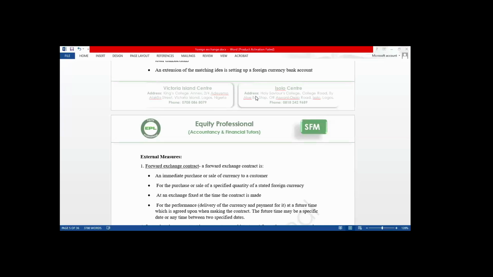The fixed exchange rate is called the forward rate. But the currency will be delivered at a future specified date. That is the forward contract.